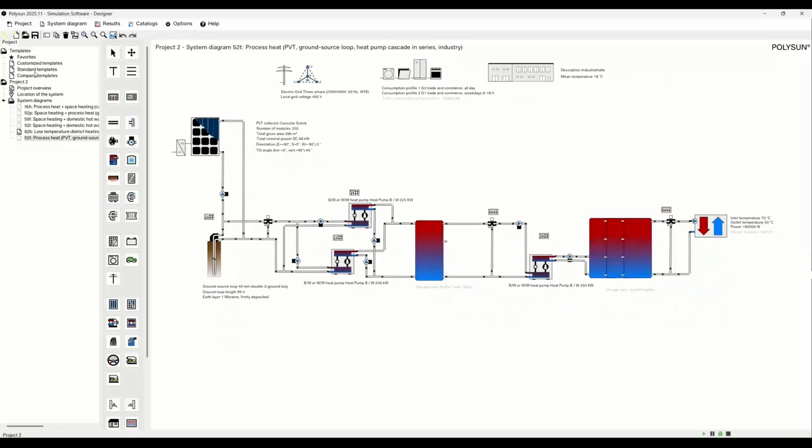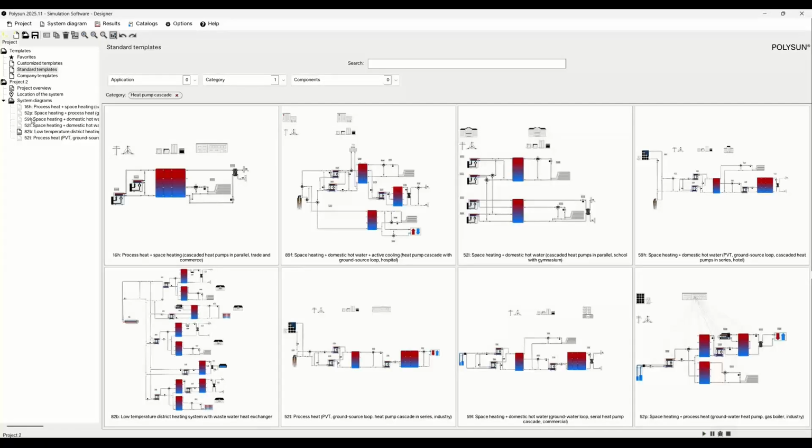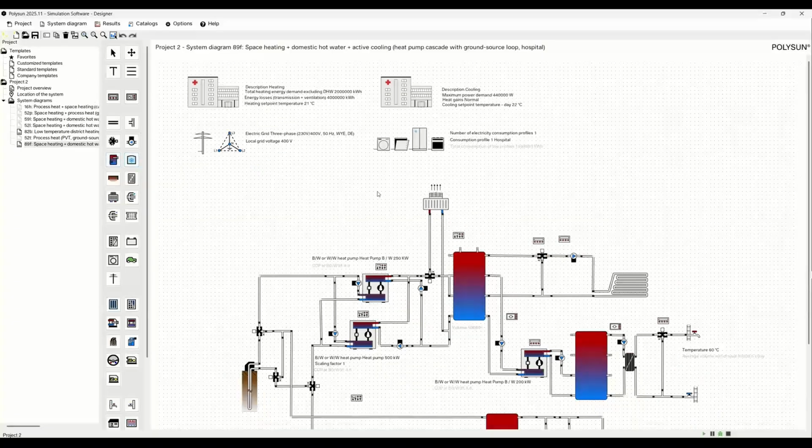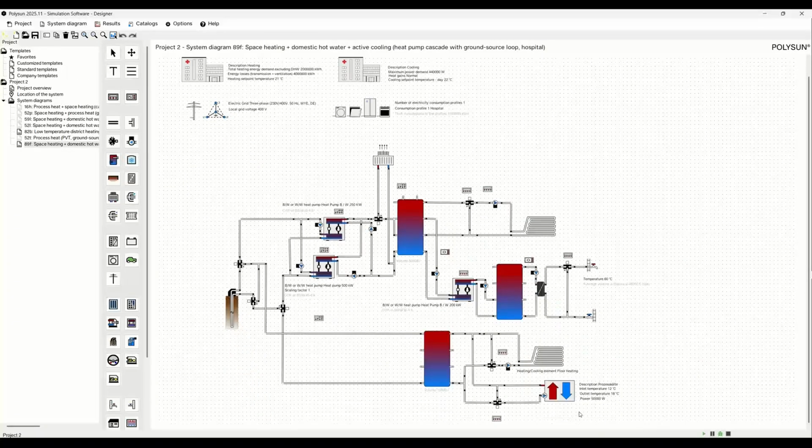And let's have a look at the last two templates that you can find in here, which are new. So there is this one that combines cooling and heating. This is, for example, relevant in hospital systems. Here we have a process cooling that's needed in this hospital.